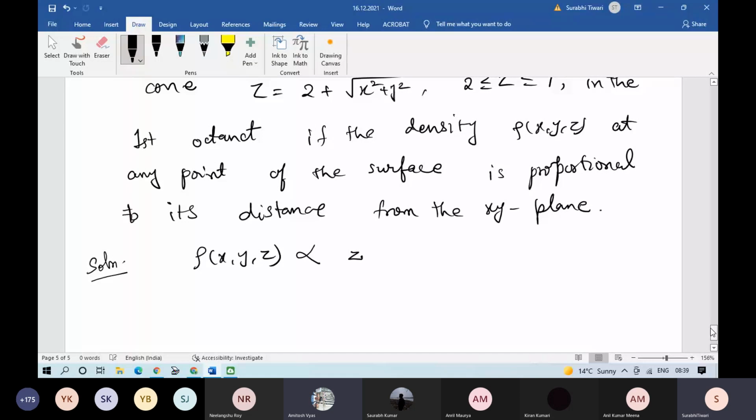So this is proportional to z, so rho(x,y,z) is equal to c times z, where c is a constant.